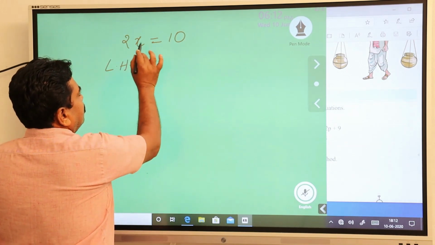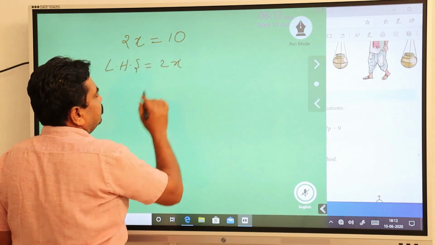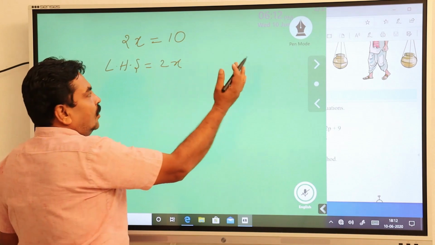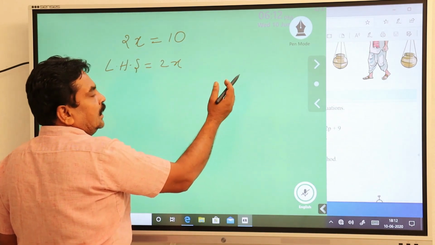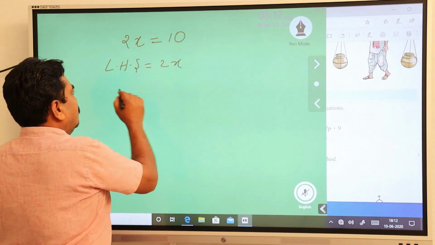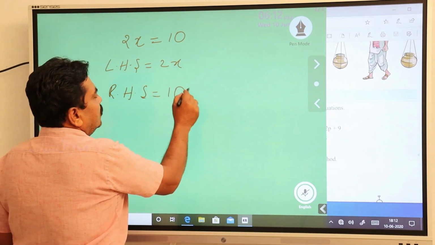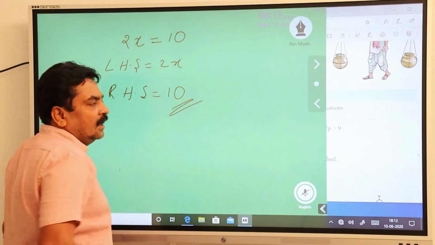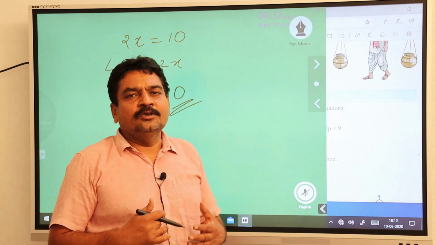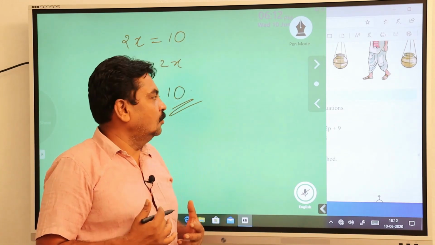What do you have? Expression 2x. Right side of equal to you have another expression, that is 10. So you write down RHS, right hand side, is equal to 10. Thus this is your answer. In that way you are going to do these problems.